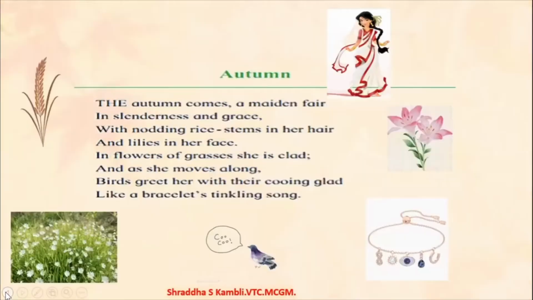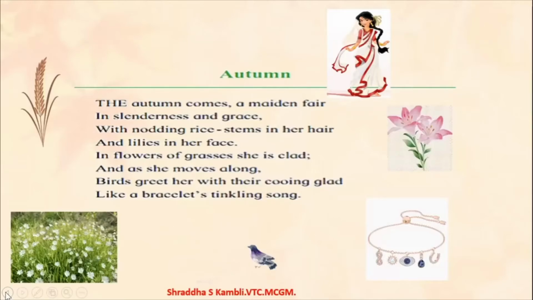If you look at this first stanza, you can see things like birds cooing, rice stems, and things which are describing the earth around you. You can also say that these are things which you can see during the daytime. Grass and flowers and birds cooing, all these things you can see during the daytime.